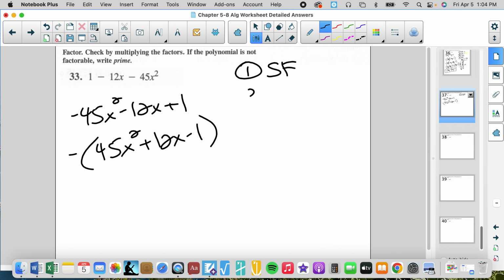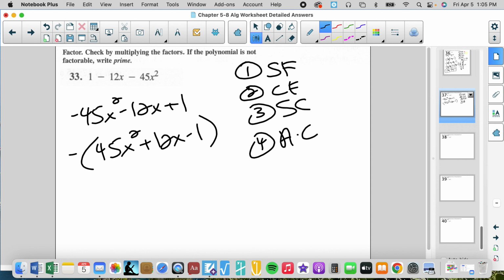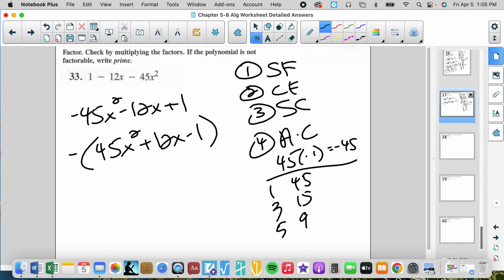Common factor, special case, a times c, 45 and negative 1. 1 and 45, 2, 3 and 15, 4, 5, and 9. Bigger's positive.